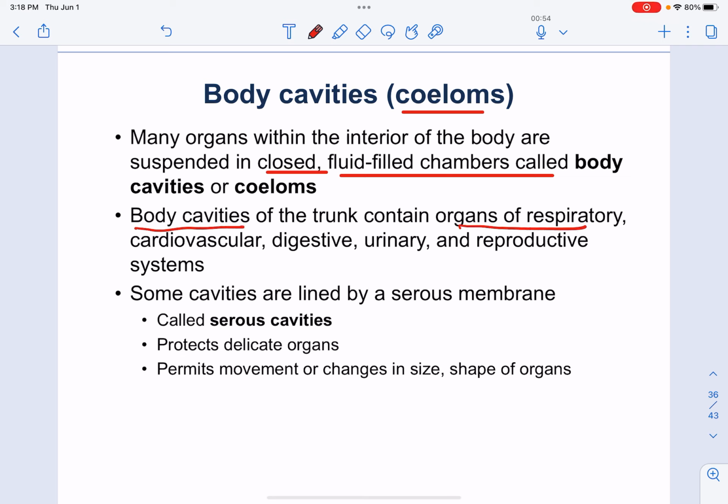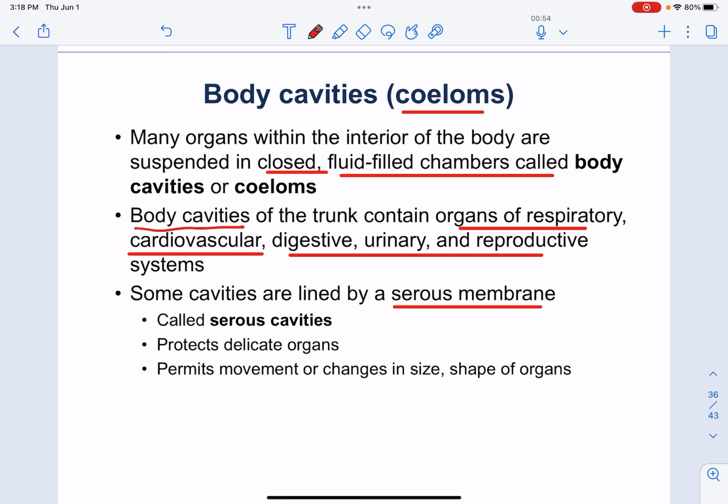So we have the lungs, our heart, the digestive, urinary, and reproductive systems are also contained in cavities. And these cavities are lined by something called serous membranes. Okay, so let me show you what that looks like.